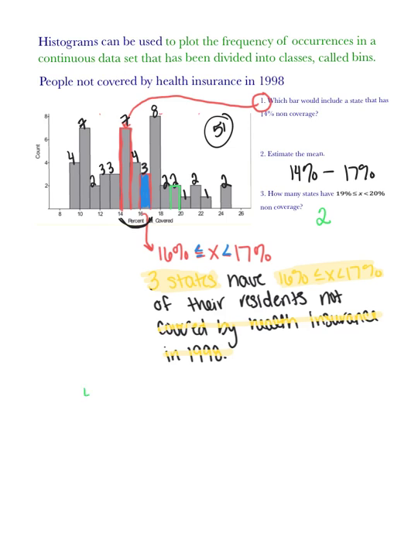Now what if I changed that question? What if I added a 4th question and I said, what percent of states have between 19% and 20% not covered?